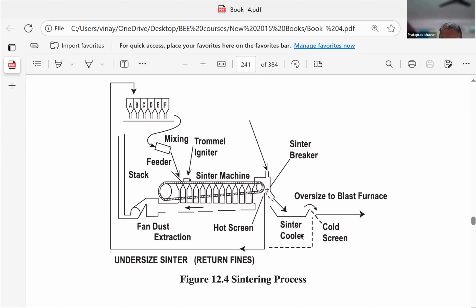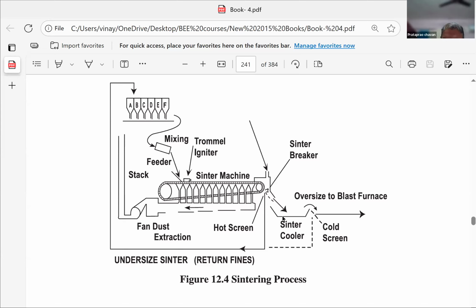It is cold sinter. The water gets heated because the very hot sinter is quenched here. That water from the sinter cooler gets circulated. But still, if there is some dust remaining here, the heavy particles will be lifted and go to the blast furnace process. Oversize means a larger particle.